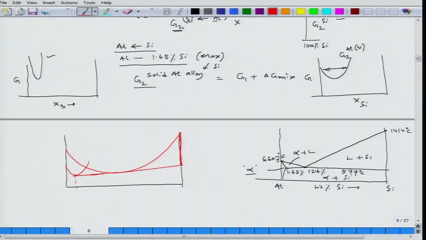This is the composition of alpha, this is the composition X eutectic and this is the composition X silicon.